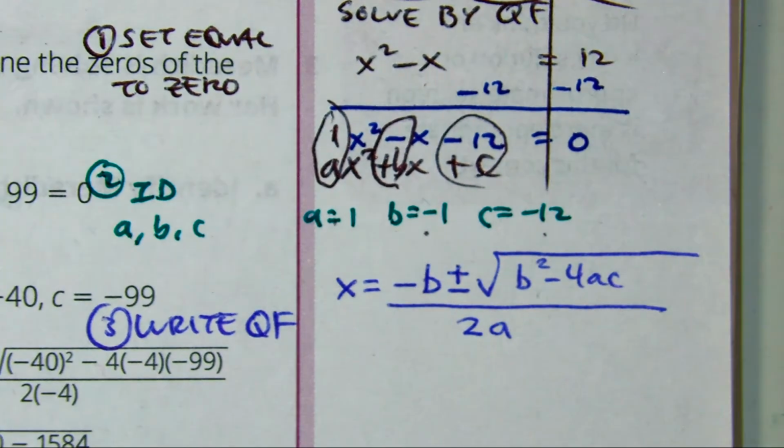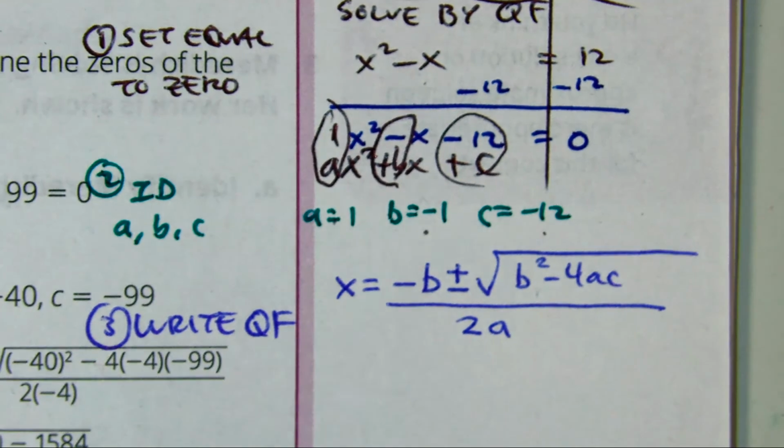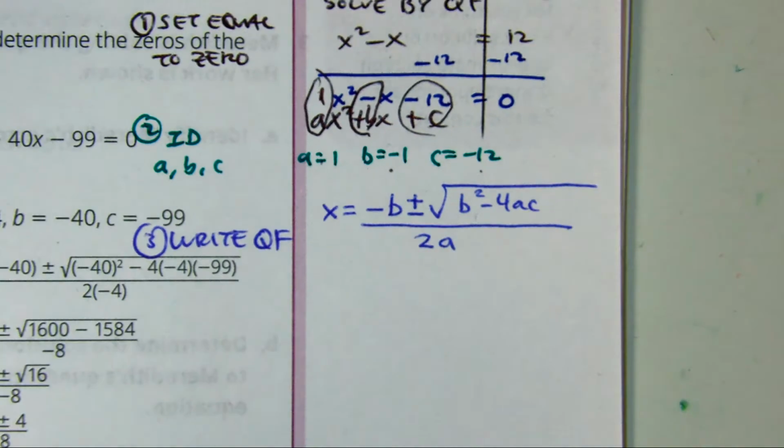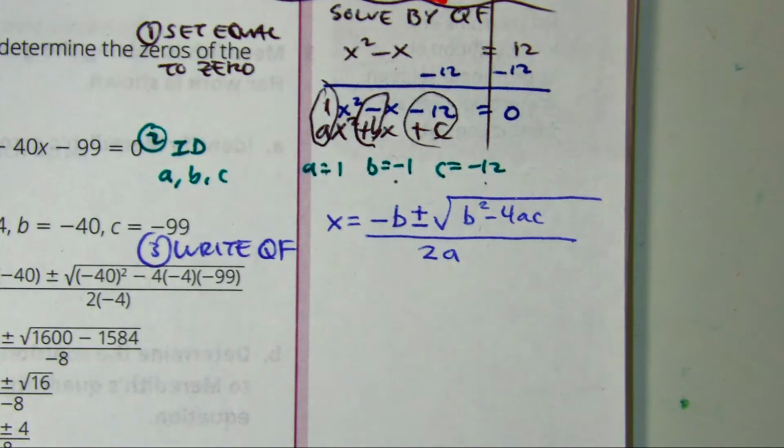The student who didn't get today's lesson is the one who doesn't write down the quadratic formula for every problem. They think they can just get it. Take your time. It looks nice.